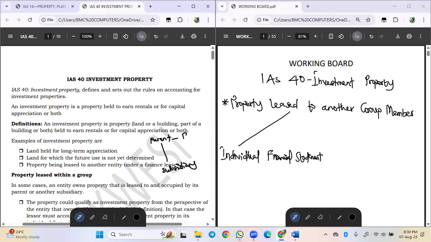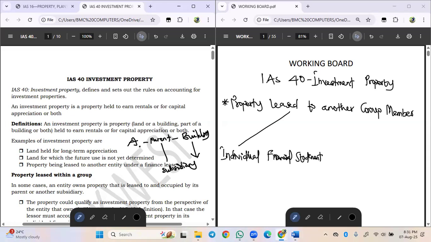And the parent is having a building. The property is a building, leased to the subsidiary. Now, if the parent, say company A, is preparing their own financial statements, they are going to treat that property in accordance with IAS 40, because they see it as an investment property, since they have leased that particular building to the subsidiary. In this case, it is not a parent and subsidiary relationship because this one is individual.